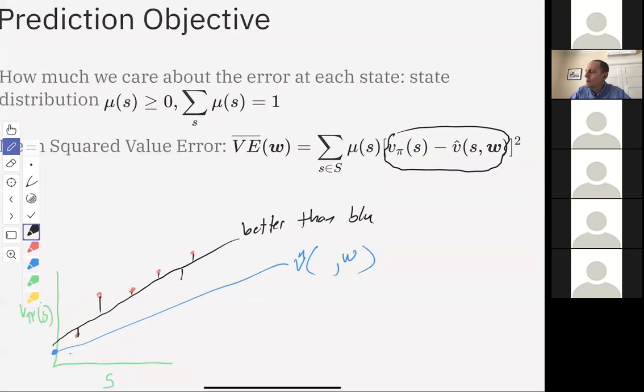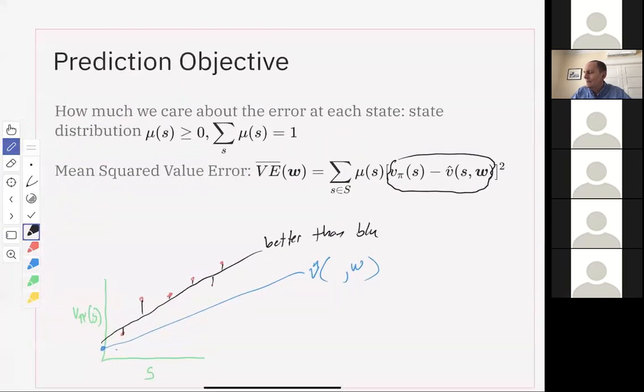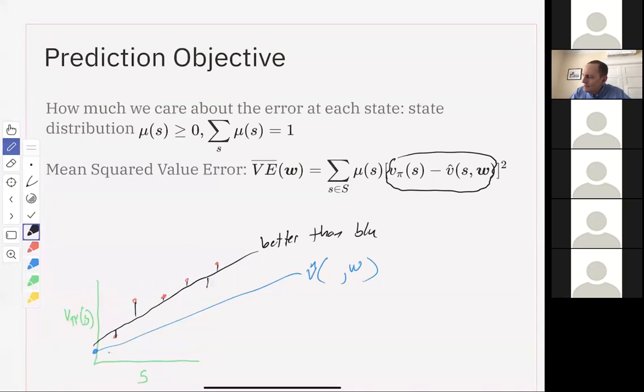So we'll take the sum of squared errors and we'll weight it, because maybe this state is very unlikely and this state is very common.